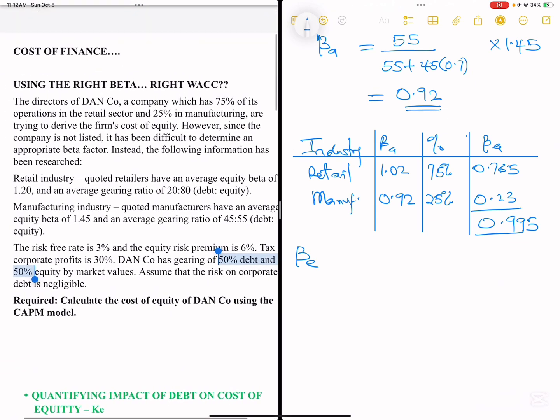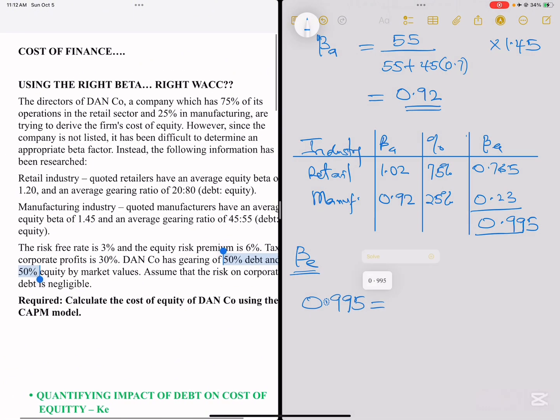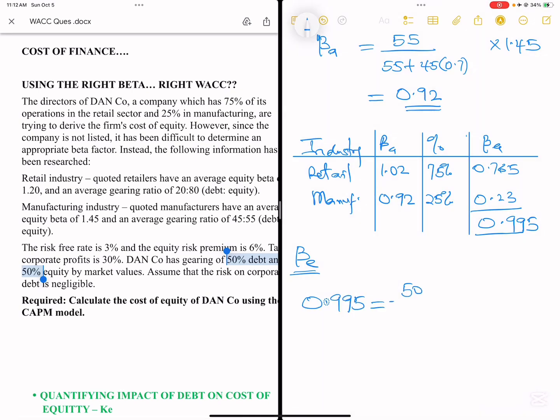So this is what I want to calculate, but I know that the asset beta is 0.995, so 0.995 equals debt is 50%, so that's 50 over equity 50, so 50 plus 50 into 1 minus 30%, and that is multiplied by beta equity, which we are looking for.